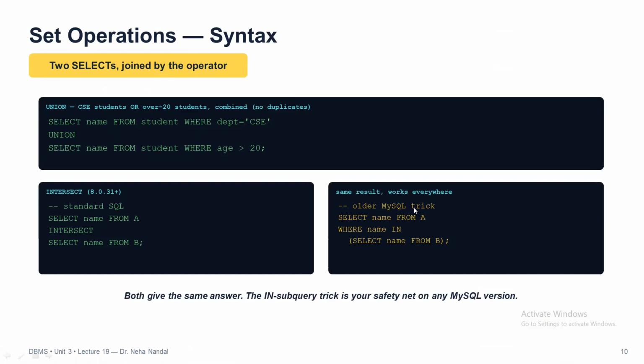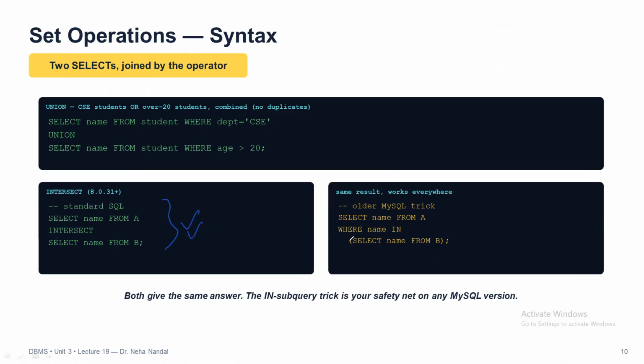So the older trick was what? Select name from A where name in, then your inner query. That is also one way, in and exists. These are also called nested queries. This is your inner query, select name from B, that you have written for the second one. This is for the older versions. For the newer versions, intersection will work.